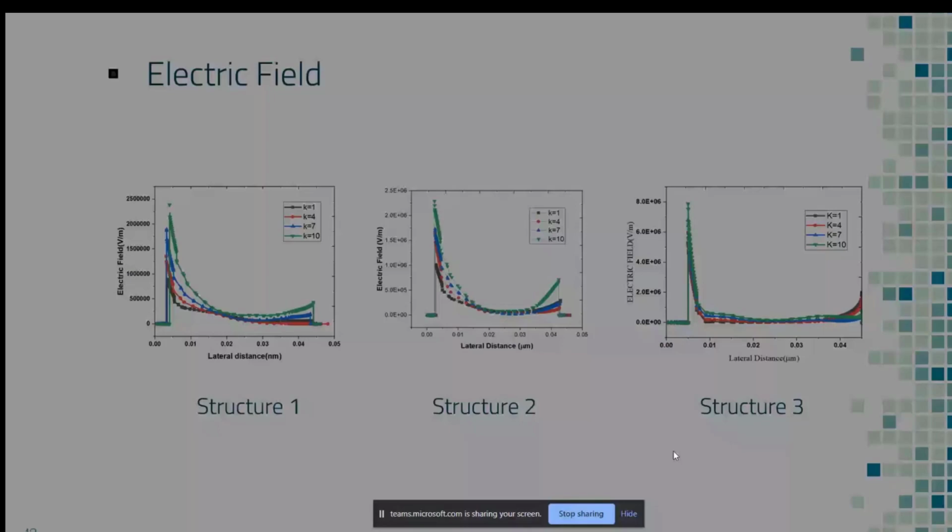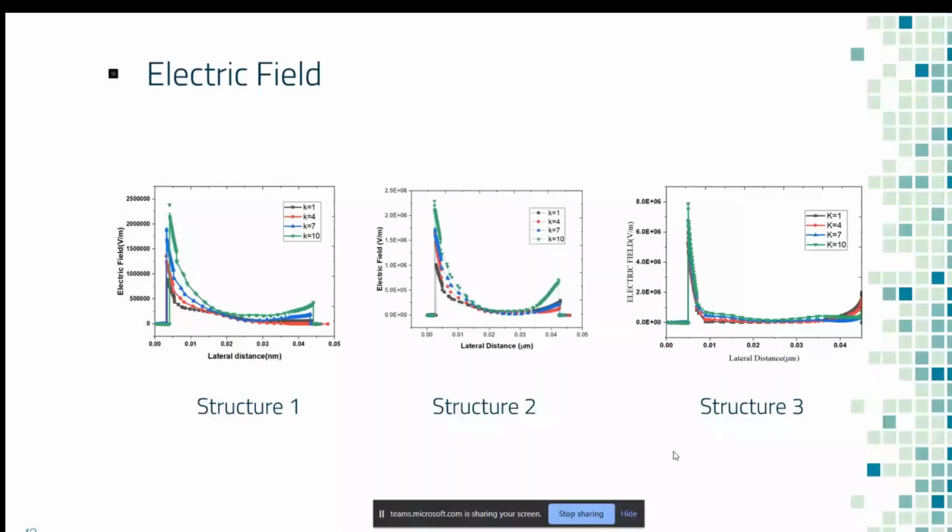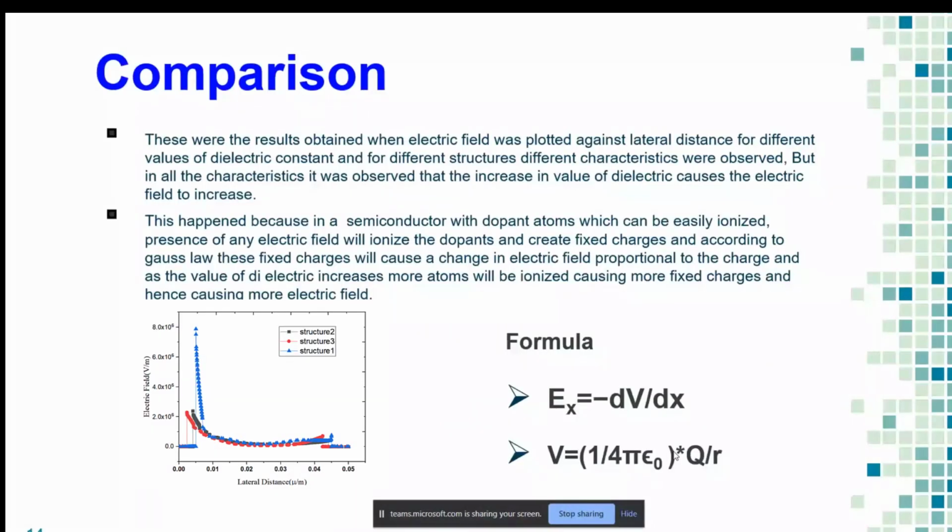Vibhor, in the last electric field characteristics, we can see that the electric field is directly proportional to the change in potential with respect to lateral distance. Nikhil, next slide. As the potential increases, the electric field also increases, but it is the negative change of potential, so this is just the opposite graph of the potential.